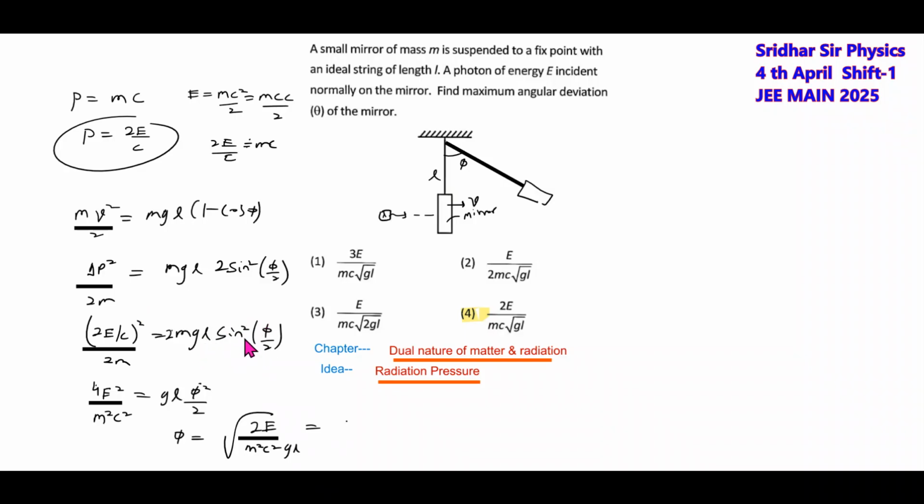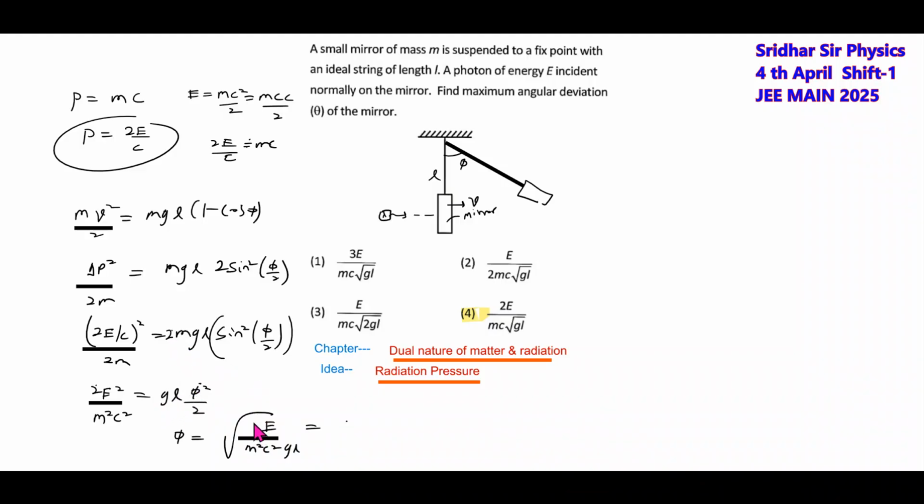This expansion of sine square pi by 2. From there we'll get here, this will be 2. Expansion of sine square pi by 2 will be pi square by 4. Okay, here 1 2 will get eliminated.